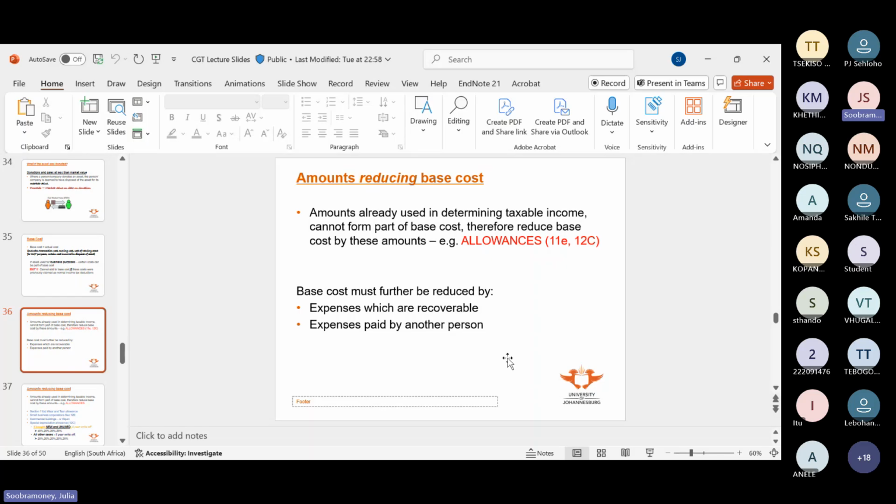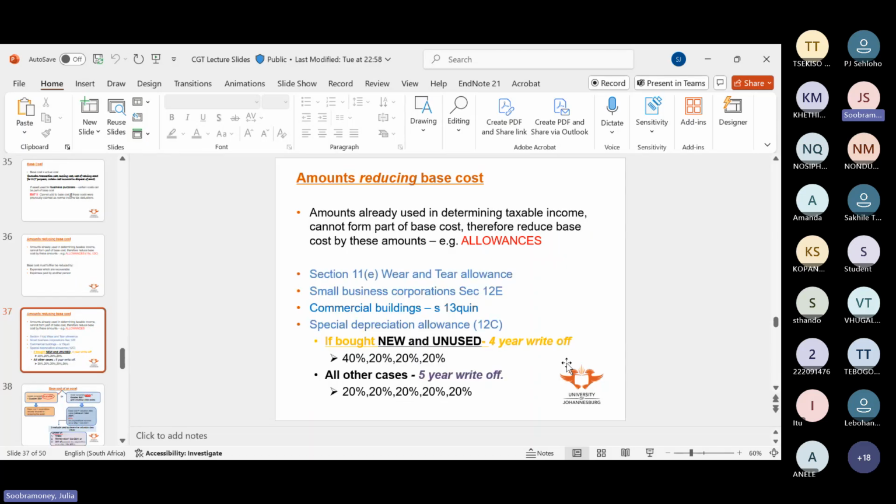Very important, make a note for yourself. What is your base cost going to equal? Base cost will equal your cost price minus all your allowances minus section 11O. If it is a recoupment, then you're going to deduct the recoupment from your proceeds. Make a note of that.